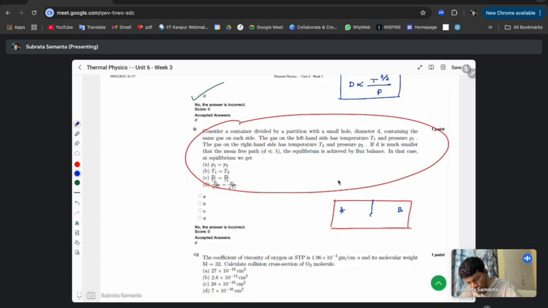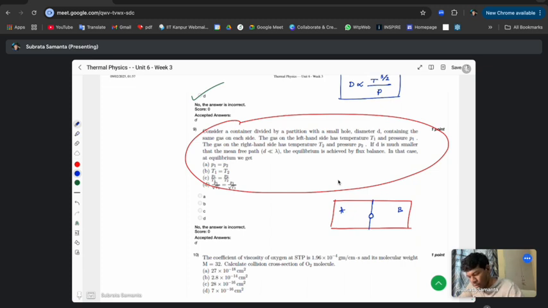Containing the same gas on each side. So A and B both are the same gas.